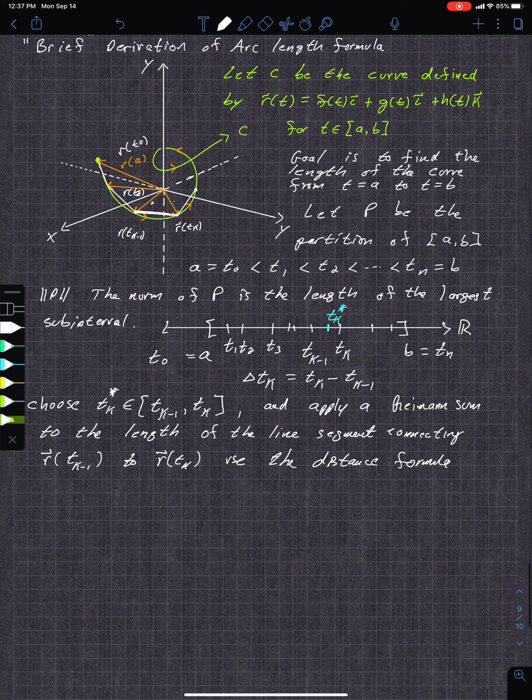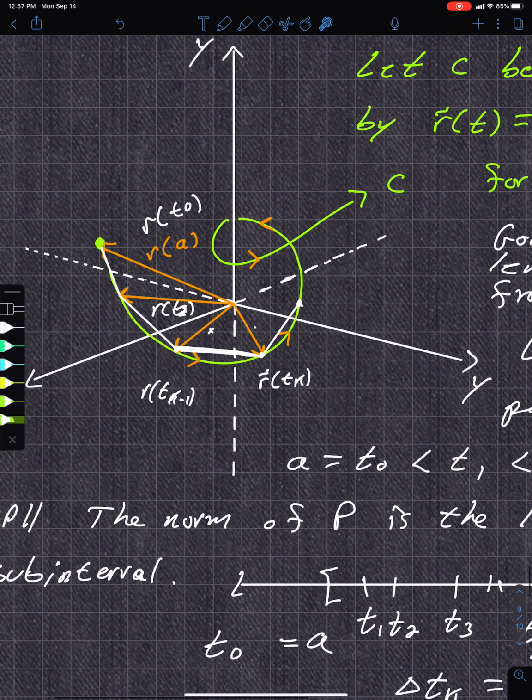So if you go back up here, we're talking about these line segments. You're going to be able to define that line segment, that line segment, that line segment, etc. And that's how your curve is partitioned. And as you create more and more of these line segments, when the norm approaches 0, meaning the length of the largest one is approaching 0, you get all these infinitesimals, right?